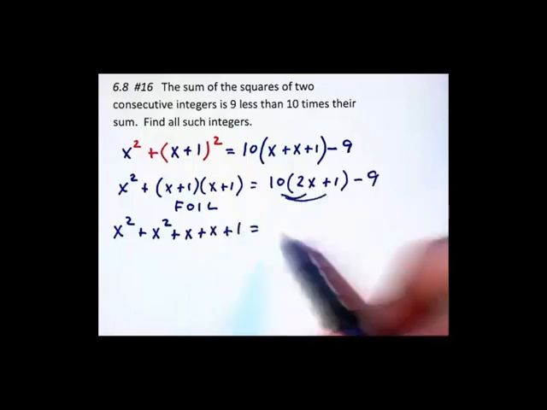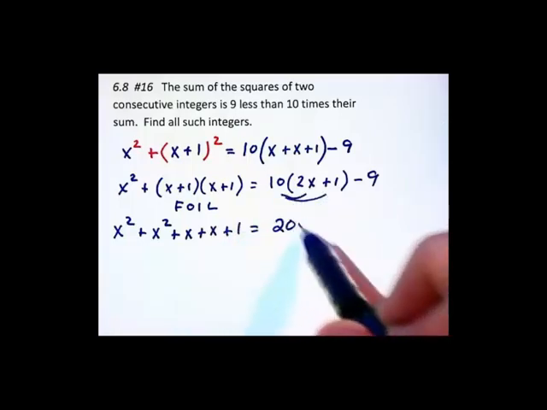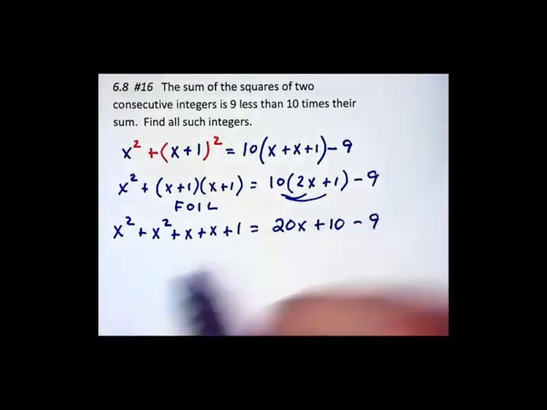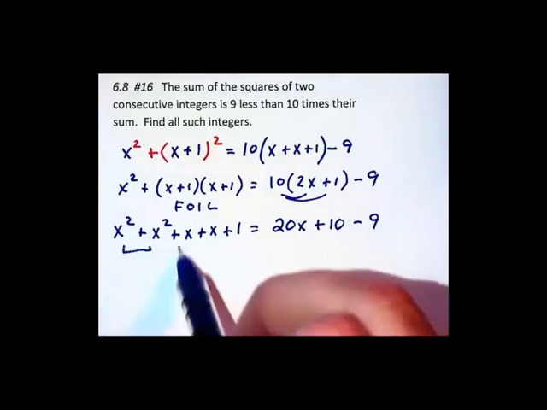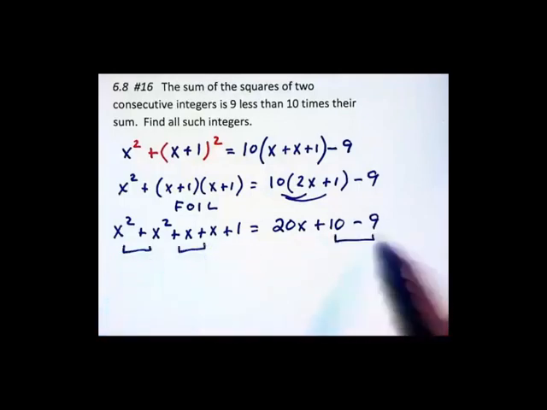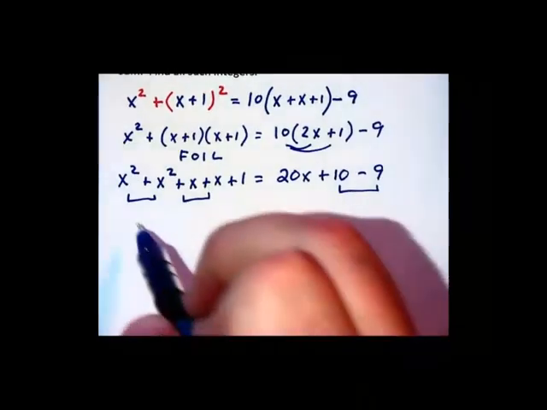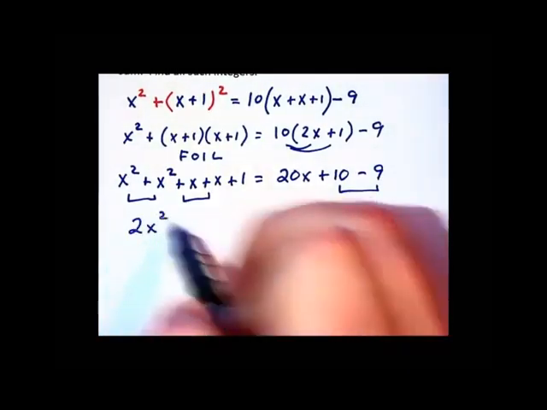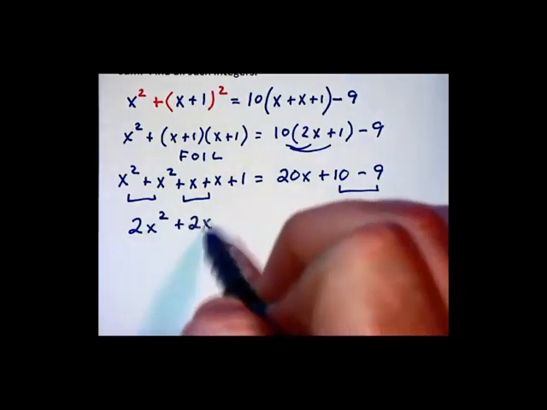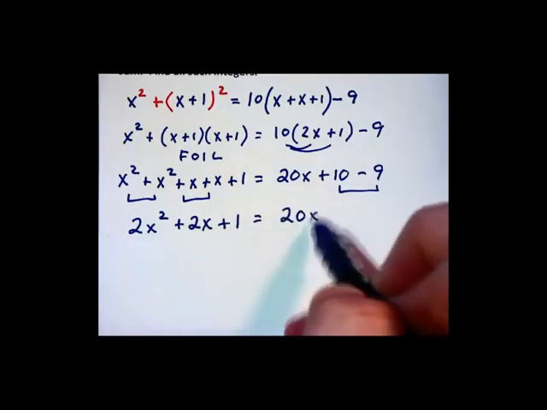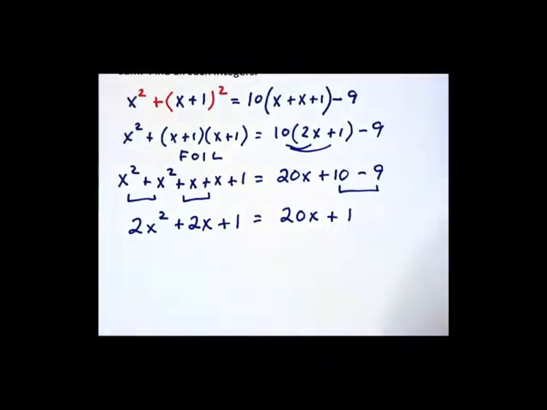On the right, we're going to do some distribution to get 20x plus 10, then minus the 9. I'm going to combine like terms on both the left and the right. This is going to then give us 2x squared plus 2x plus 1 equals 20x plus 1.